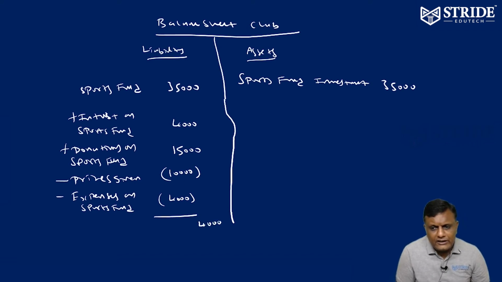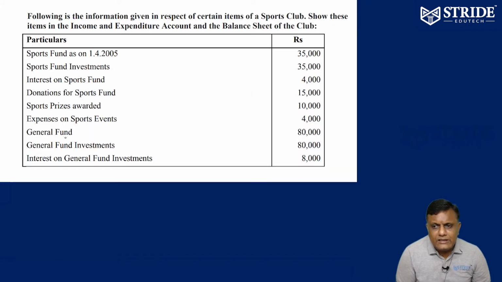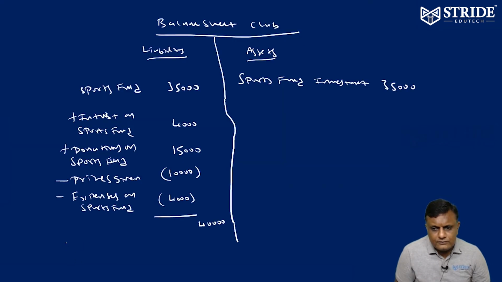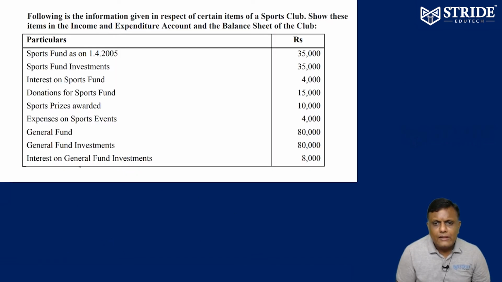Kindly check it out. You will be getting 40,000 here. Right. Next, general fund is always a liability. 80,000. General fund investment is always an asset. Whatever fund we have collected has been invested outside.